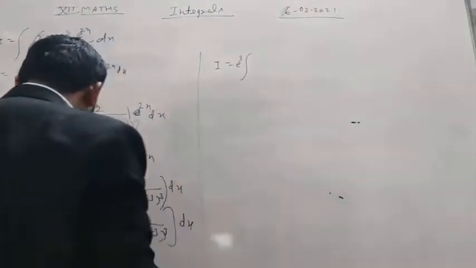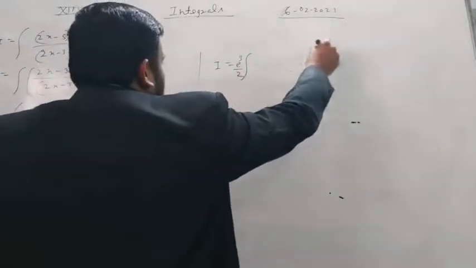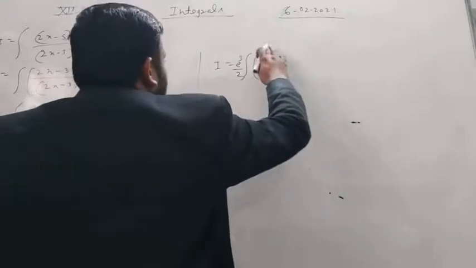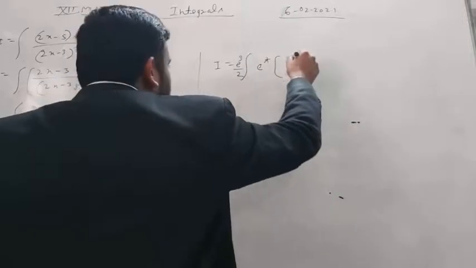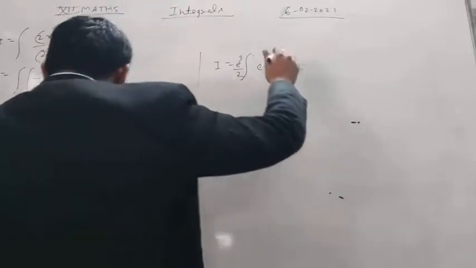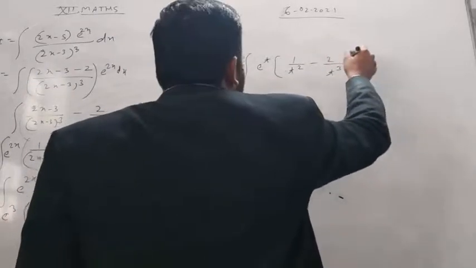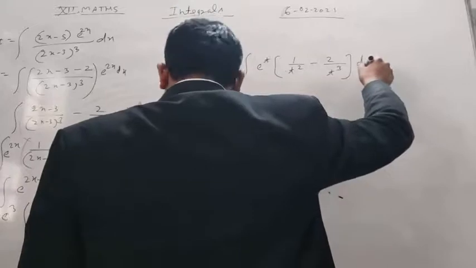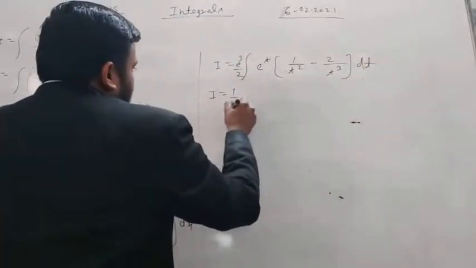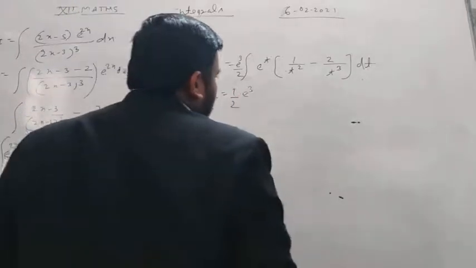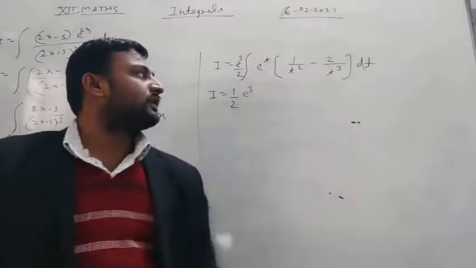So students, we can write this I as e cube, and dx is dt by 2, and here we write e to the power t, and this is 1 by t square minus 2 by t cube dt. So I is 1 by 2 e cube, and we see that the differentiation of this part is this.